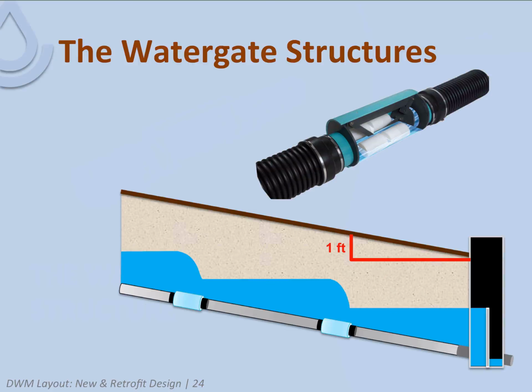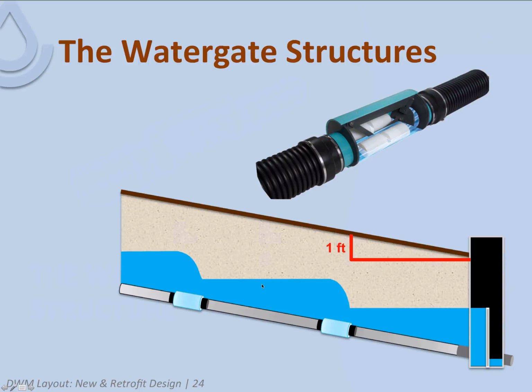And they operate on a principle of a 1 foot head difference. So wherever I set the desired water table depth in this bottom structure, and I'm not sure if you can see my pointer here, where I set the water table depth in my bottom structure, the next Watergate structure upstream is going to see that water level, and it's going to add a foot of head to it.